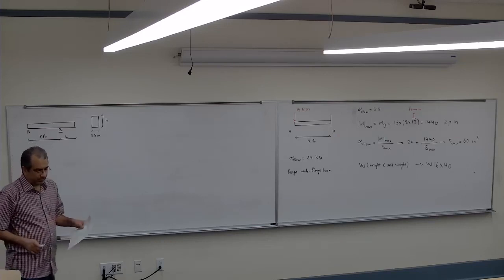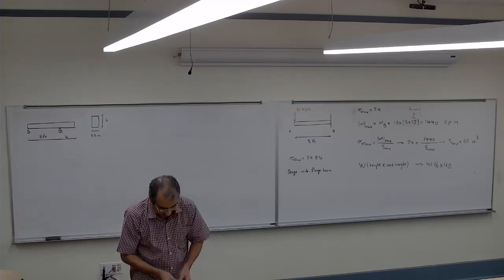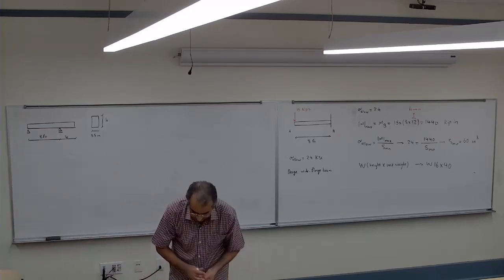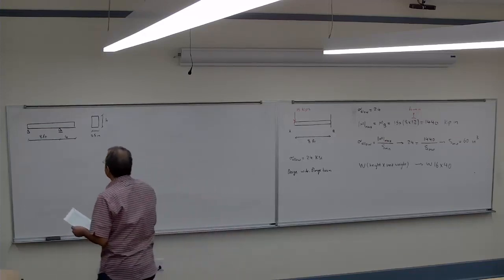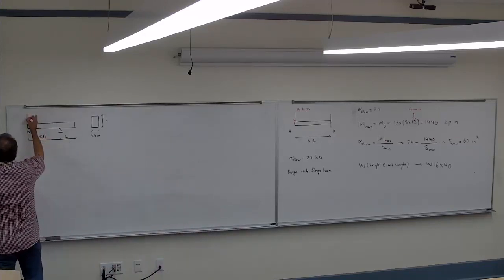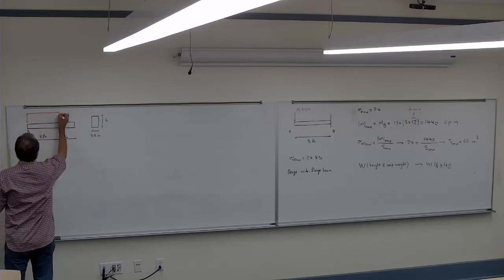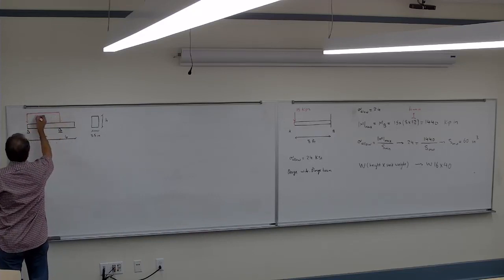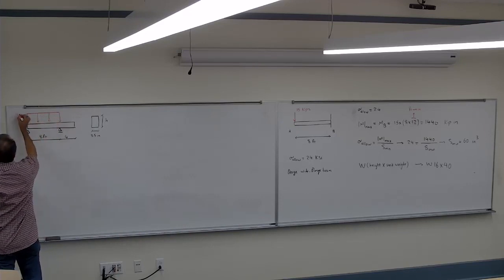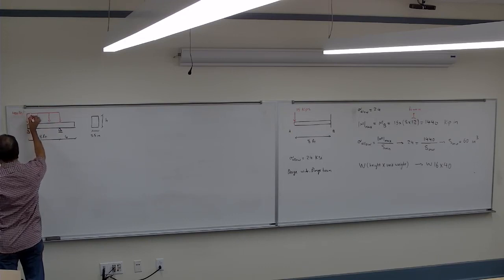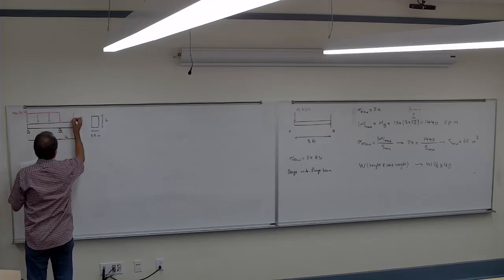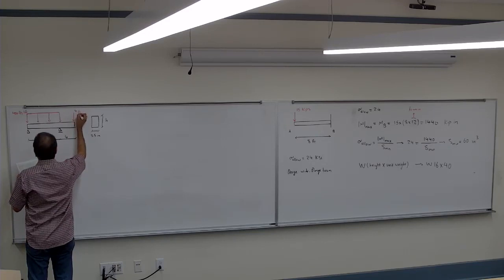So the load on that, 400 is the load. 400 pound per foot, and then we have 4.5 kips.